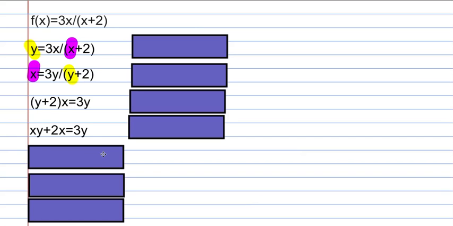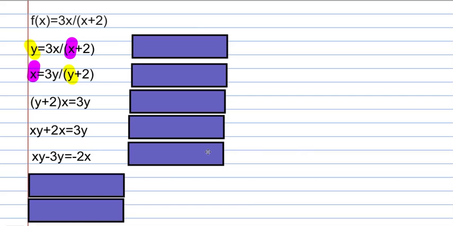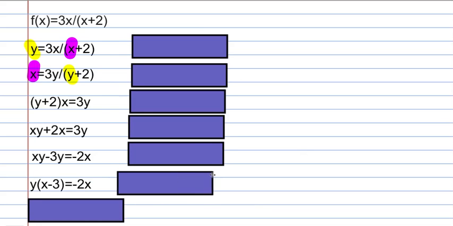And now we are going to subtract 2x from both sides and also subtract 3y from both sides. And next we factored out the y on the left side, so that now we can divide both sides by x minus 3.